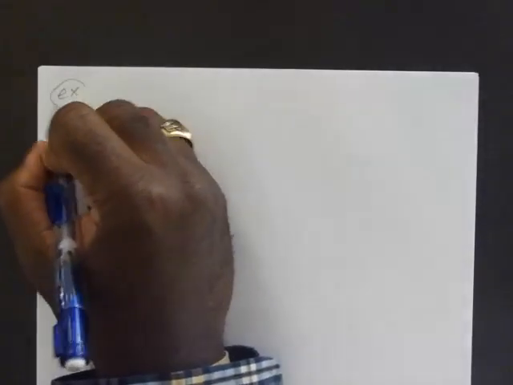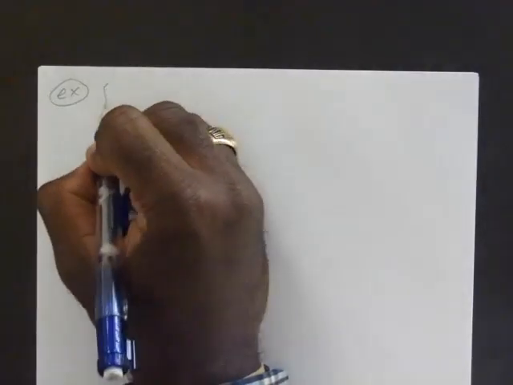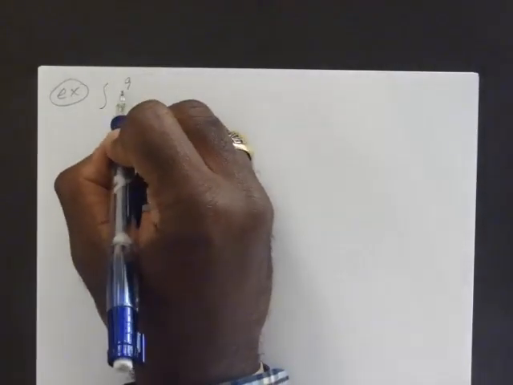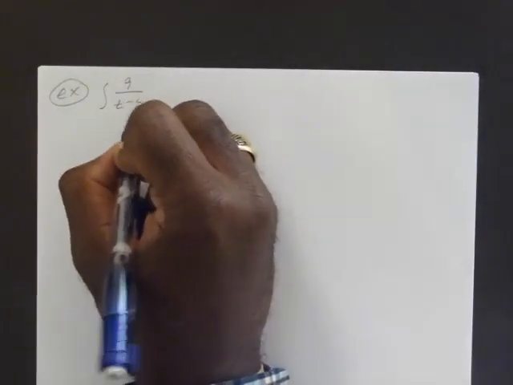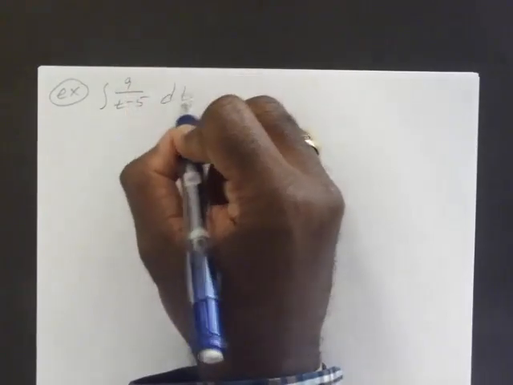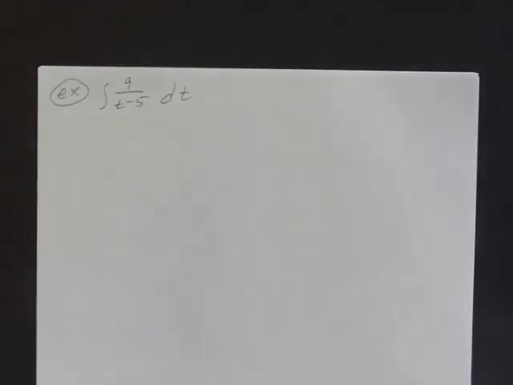So what if we want to find the integral of 9 divided by t minus 5 with respect to t?